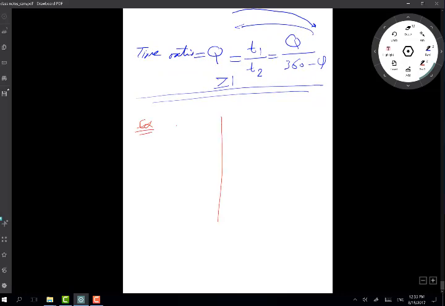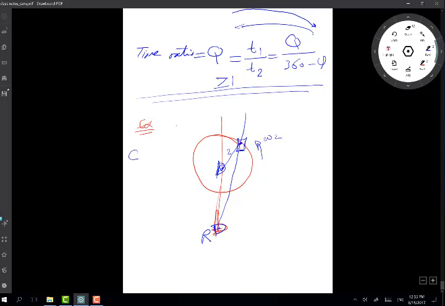If I have a linkage such as this one, this is a revolute joint, and this is a slider. This link number 2 has a revolute joint here, and it rotates with omega 2.